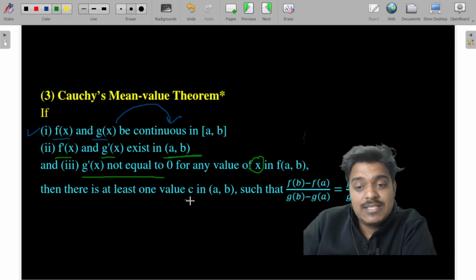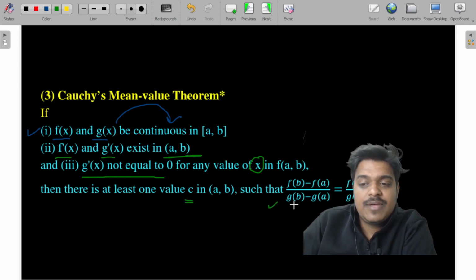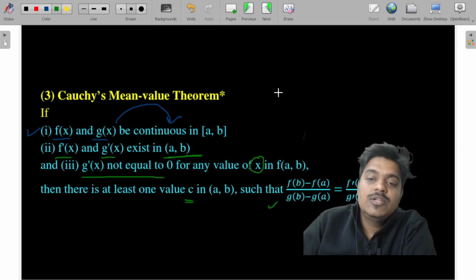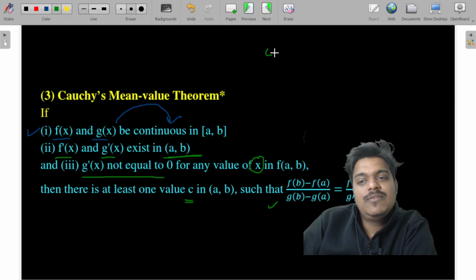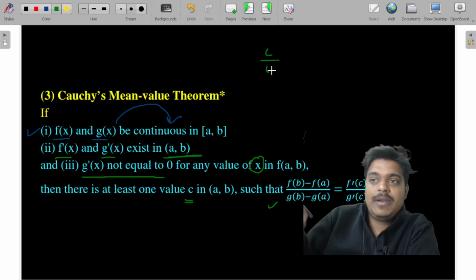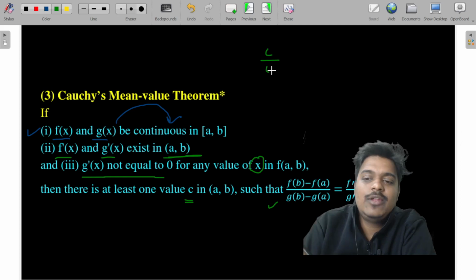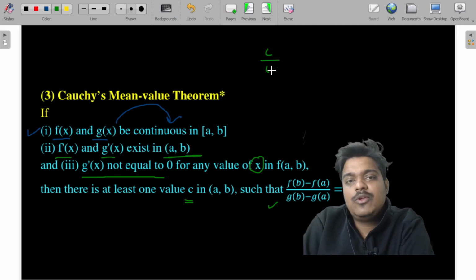There exists a value c in a and b such that f of b minus f of a divided by g of b minus g of a is equal to f dash c by g dash c. So we have divided two Lagrange's mean value theorems. We have divided two separate curves' Lagrange's mean value theorem. That's it. This is what Cauchy's mean value theorem says.